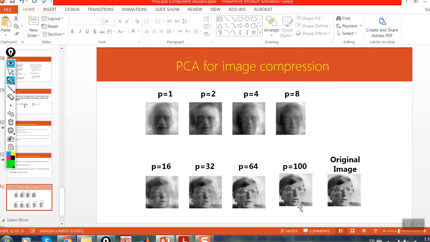And then if you compare this reconstructed image with the original image, they are very similar to each other.